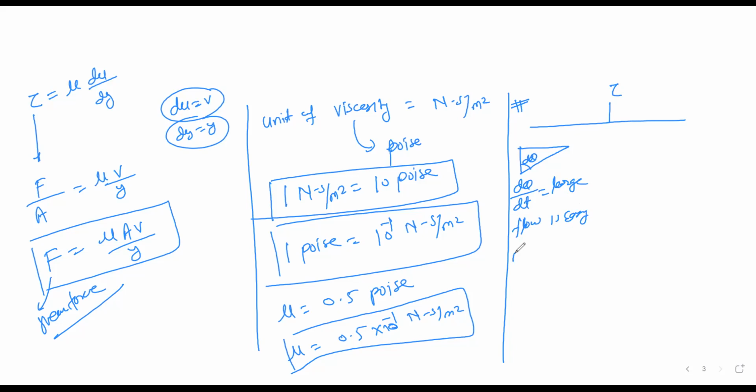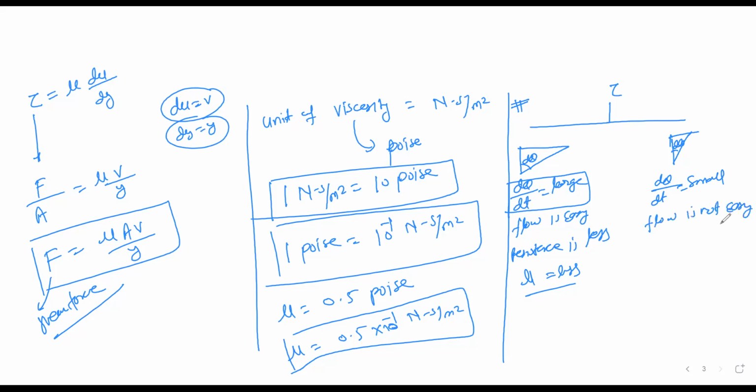It means resistance is less, and if resistance is less, mu should also be less. But if d theta by dt is small, resistance is large, meaning the flow is not easy.